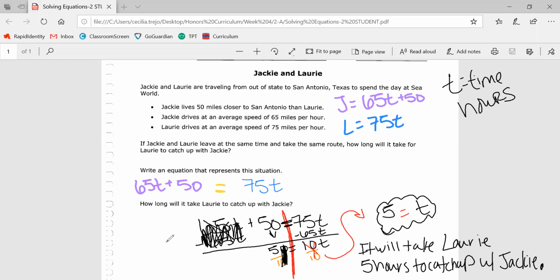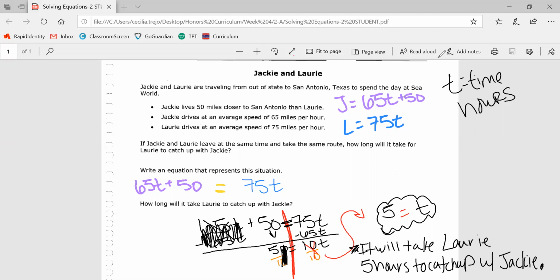Okay, so we answered the question with an expression. We solved for the variable and we answered it in a complete sentence. So Lori and Jackie will meet after 5 hours of driving to get to San Antonio to go to SeaWorld. All right, so that was a little assignment that I had set up for today.